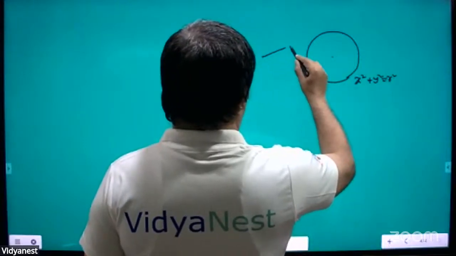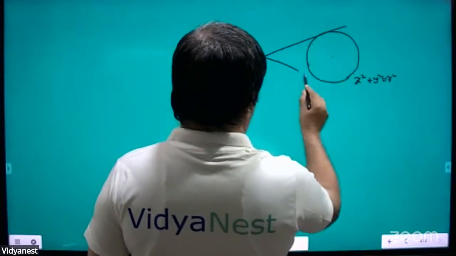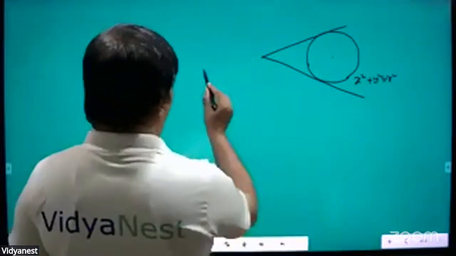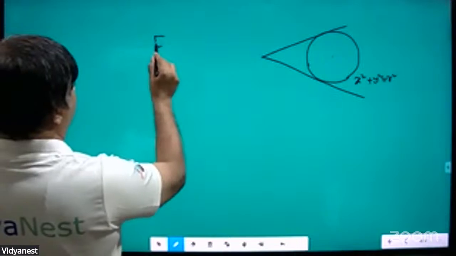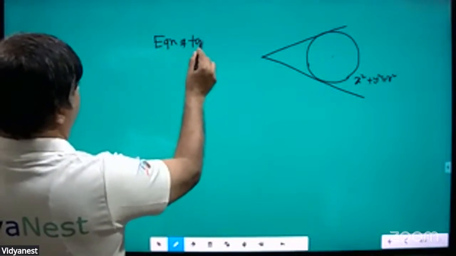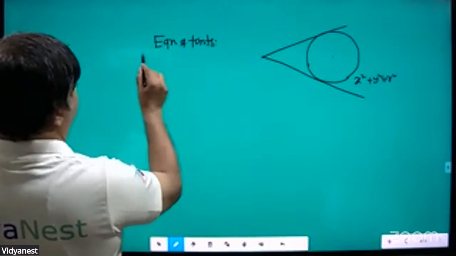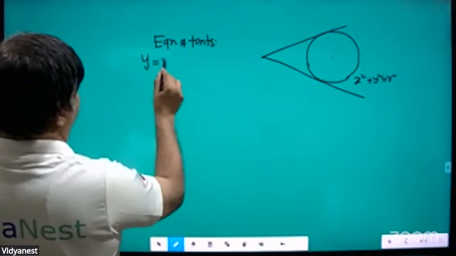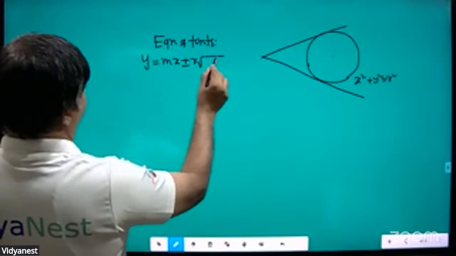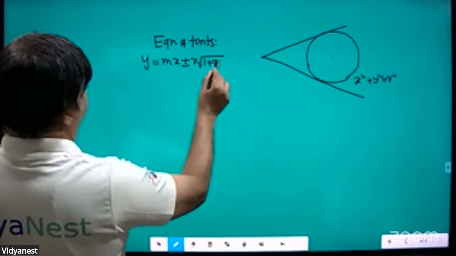From external point we can draw two tangents and we have come to know equation of tangents y is equal to mx plus minus r root 1 plus m square.